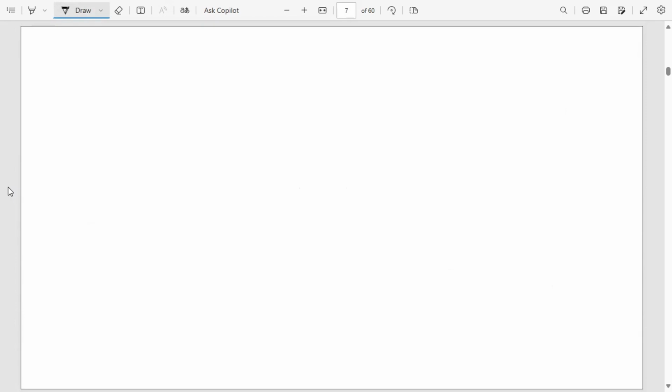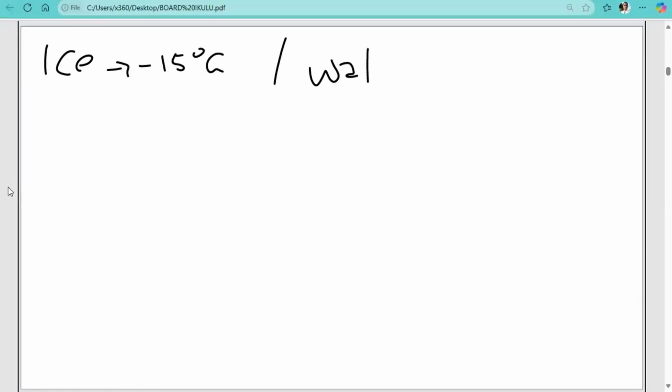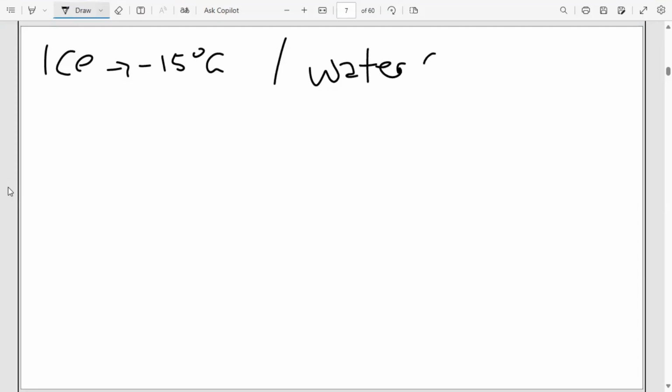Let's say we've been given ice at negative 15 degrees Celsius, and you've been given water at 30 degrees Celsius. You mix these two substances, then you're asked to say what is the equilibrium temperature.